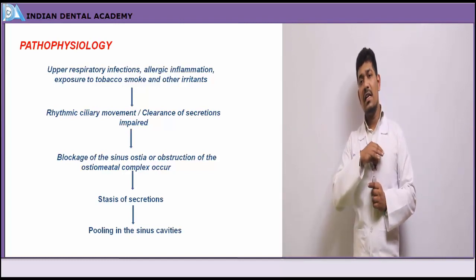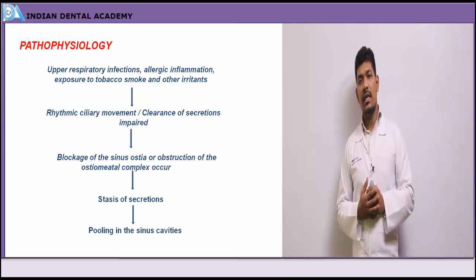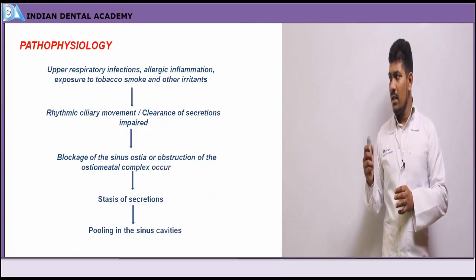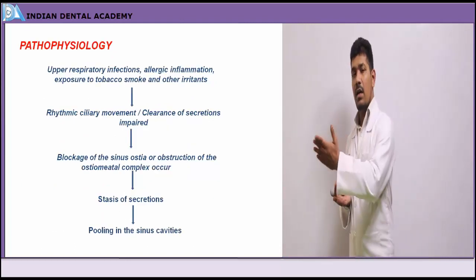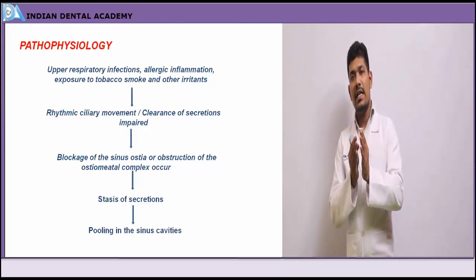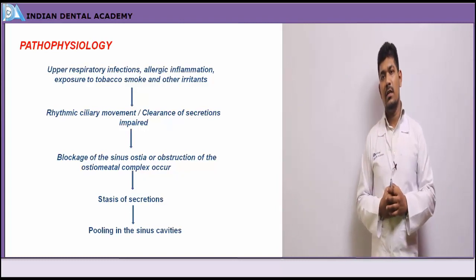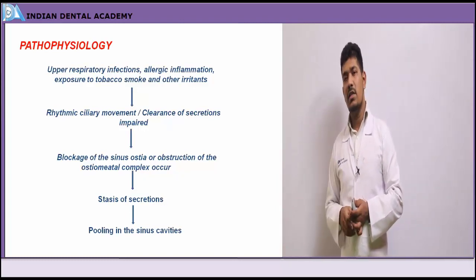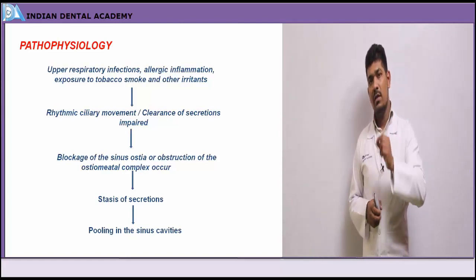Also, there is impaired clearance of these secretions. So what it does is, more secretions get accumulated within the upper respiratory tract. There is blockage of these sinus ostia, or the openings.